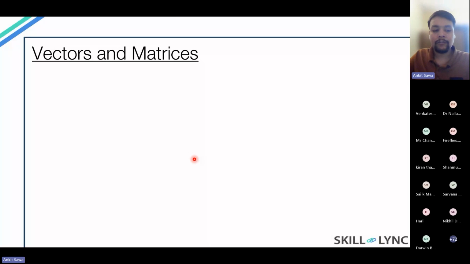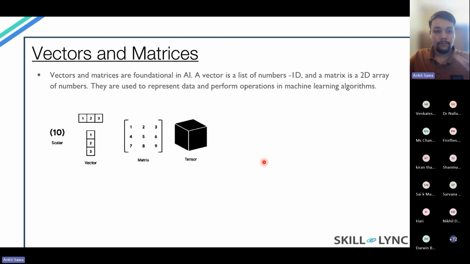We'll talk a little bit about some mathematical concepts at a very high level. Two very important things that we make use of in the background of machine learning algorithms are vectors and matrices. Vectors are nothing but a one-dimensional representation of data.